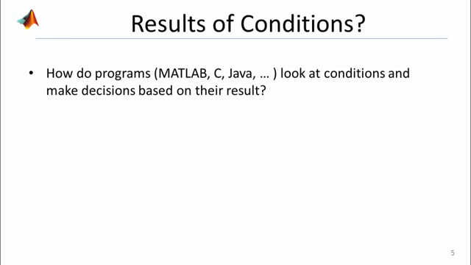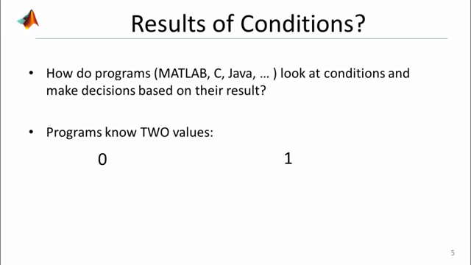Results of condition. Now you have to understand that programs, all of them, work the same way. They look at a condition and they make decisions based on its result. Is this true? Is this false? What do I do if it is? What do I do if it is not? Computers always come down to two values, 0 or 1. And programs know this. Whether it is MATLAB, C, Java, any program out there will understand zeros and ones.